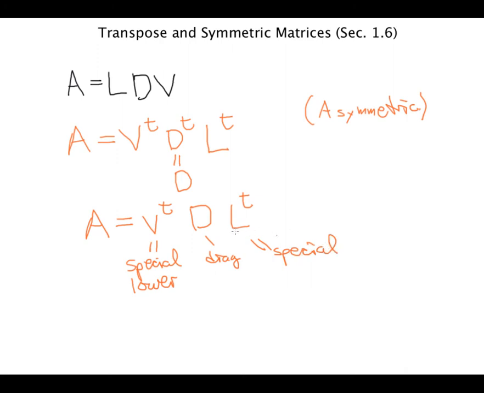L is lower triangular, so L transpose is upper triangular. And that's the same property that these matrices have up here. Special lower triangular, diagonal, special upper triangular.